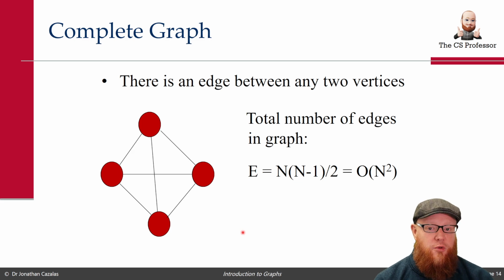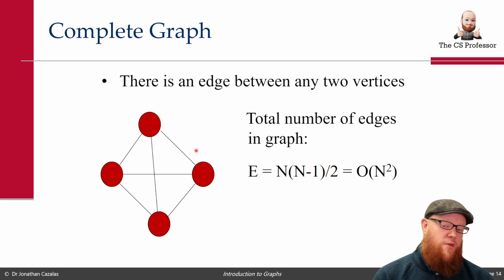What is a complete graph? A complete graph is a graph where there is an edge between every single vertex. And the total number of edges in the graph would be this. Does that make sense? If there's an edge between every single vertex, well, think about this. How many vertices do you see here? You see 4 vertices.